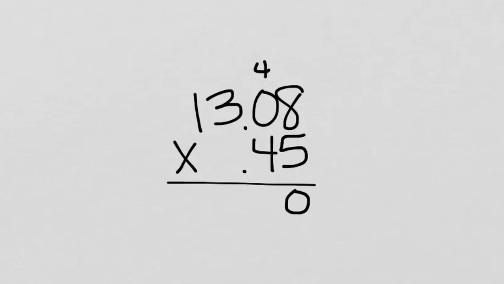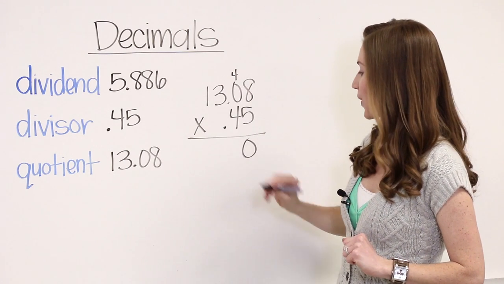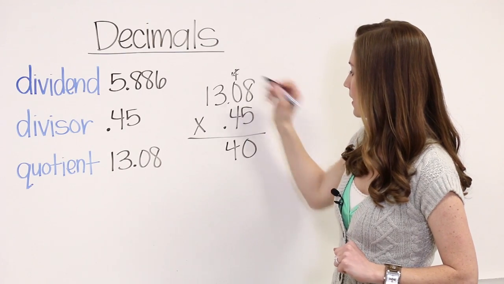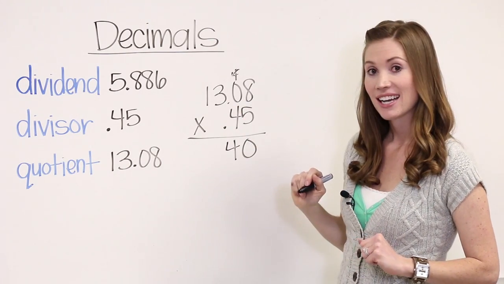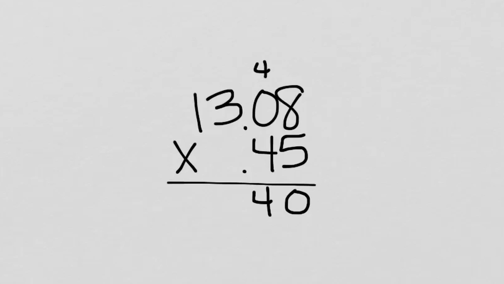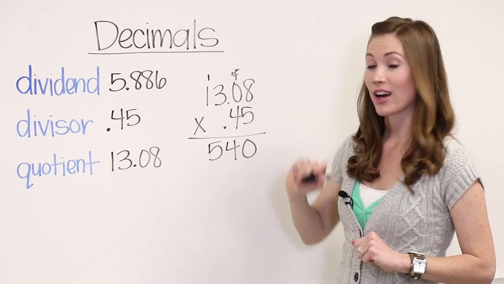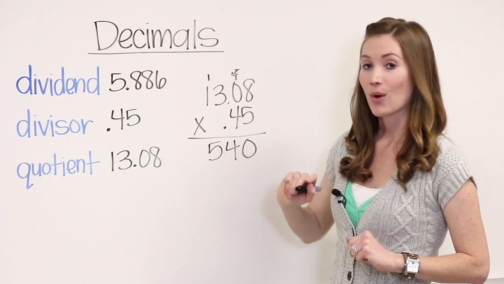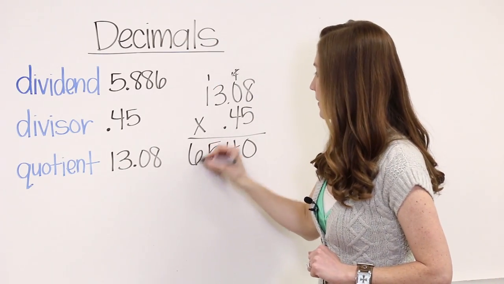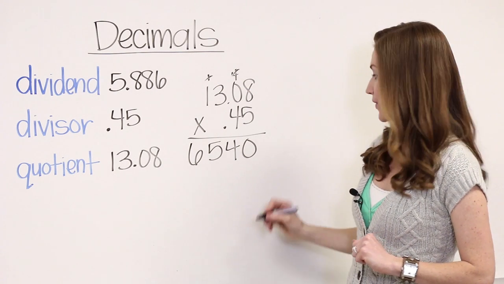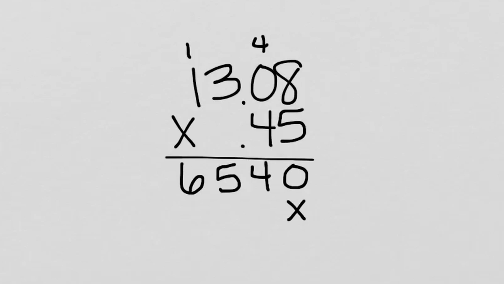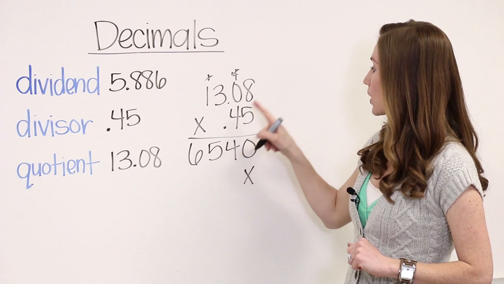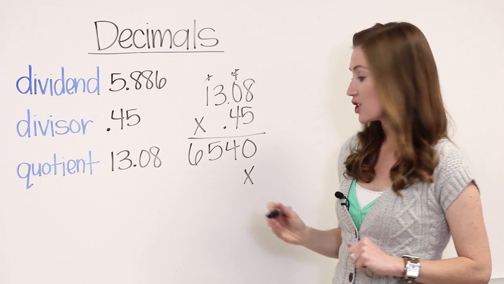5 times 0 is 0, plus 4 is 4. 5 times 3 is 15. We write the 5, carry the 1. 5 times 1 is 5, plus 1 is 6. Now we need a placeholder. We're moving on to our tenths place. 4 times 8 is 32.